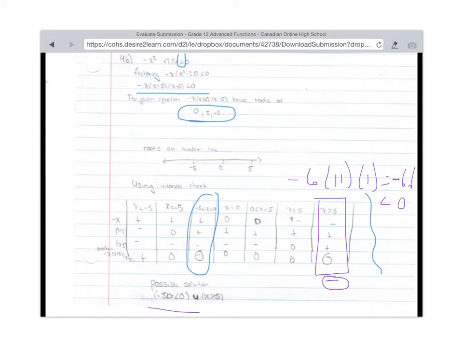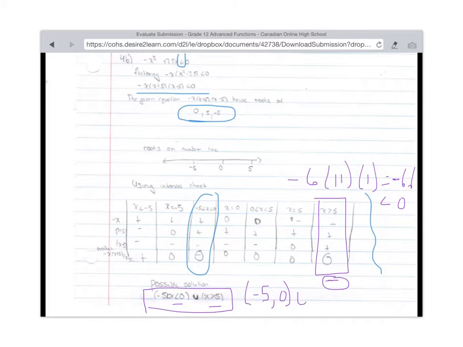And so this is not interval notation. You cannot use the greater than or less than signs in your interval. You can use numbers and commas only. So between minus 5 and 0, but not including minus 5 or 0, our solution would look like this.